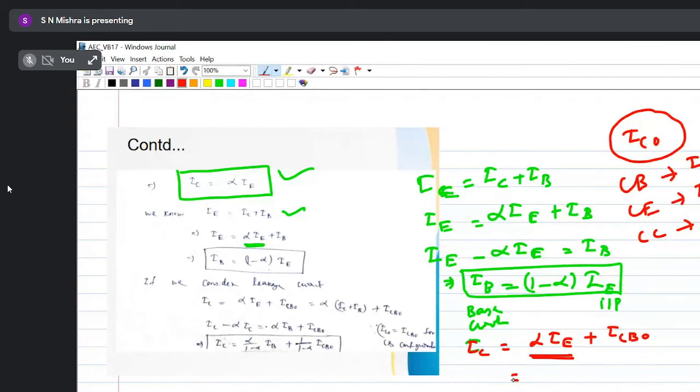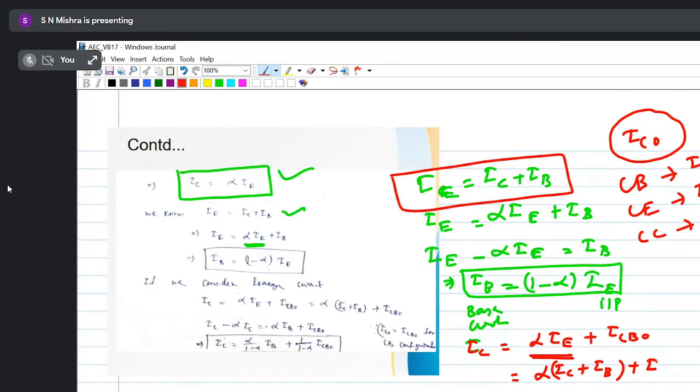Now let us solve here. Alpha I'll keep, and IE, you know, is IC plus IB. So alpha times IC plus IB, plus ICBO, equals IC. Now you open it and take one side IC. So alpha IC plus alpha IB plus ICBO equals IC.